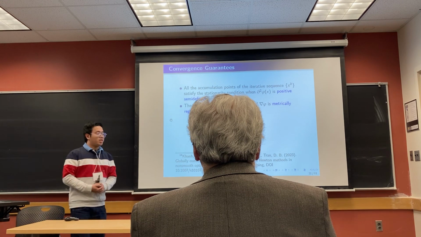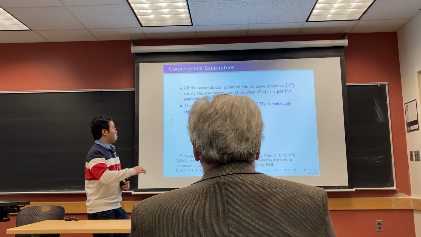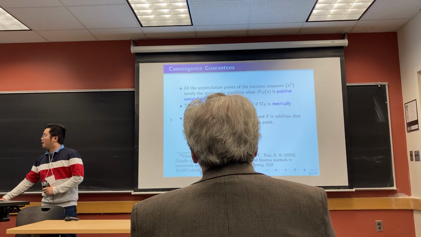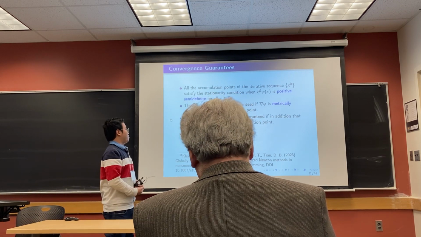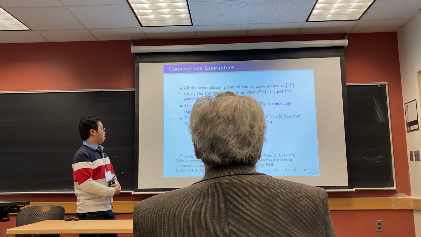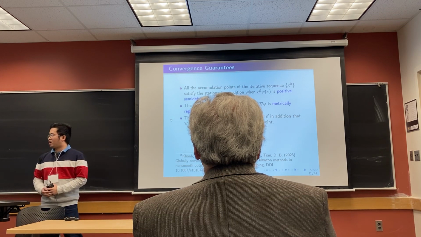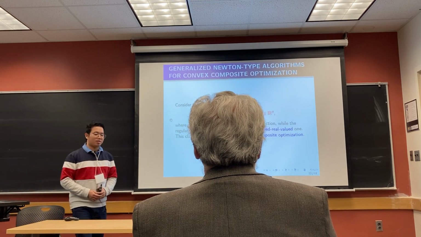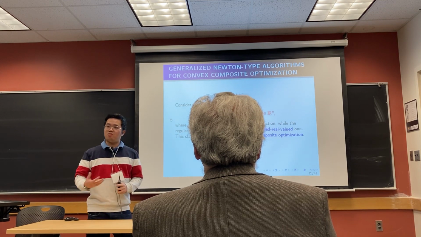The second result is that we can get linear convergence if the gradient mapping is strongly metrically regular around the limiting point. And finally, we can get superlinear convergence if the gradient mapping is semismooth* at the accumulation point. For more detail about these results, you can find our paper here. So that is all the convergence analysis in the case of C^{1,1} smooth.